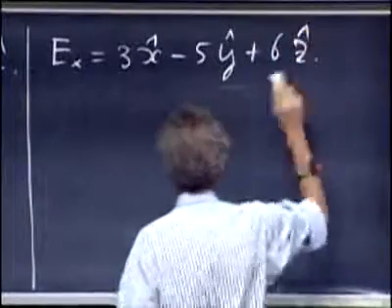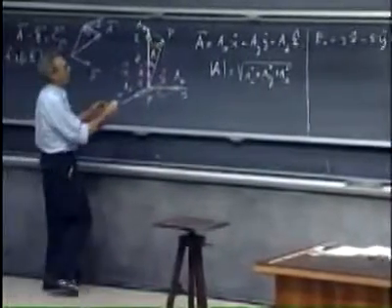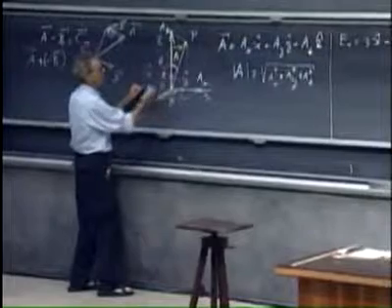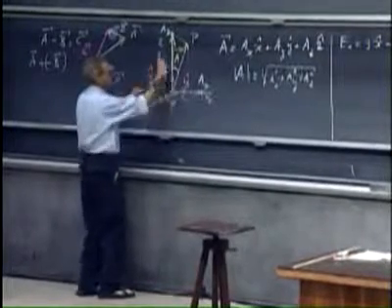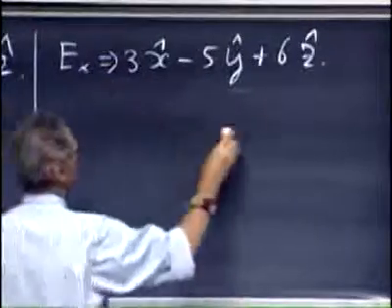So that means that it's 3 units in this direction. It is 5 units in the minus y direction, and 6 in the plus z direction. That makes up a vector, and I call that vector A.